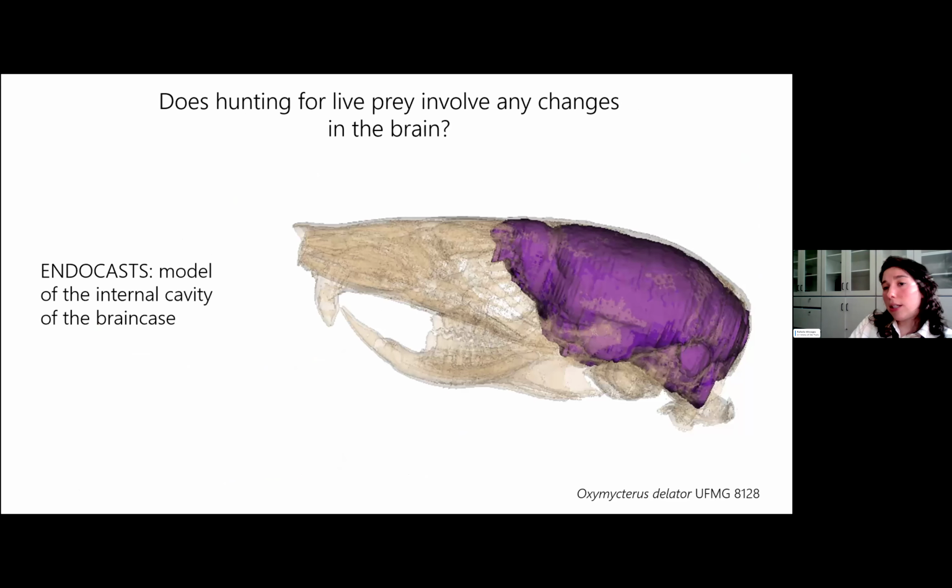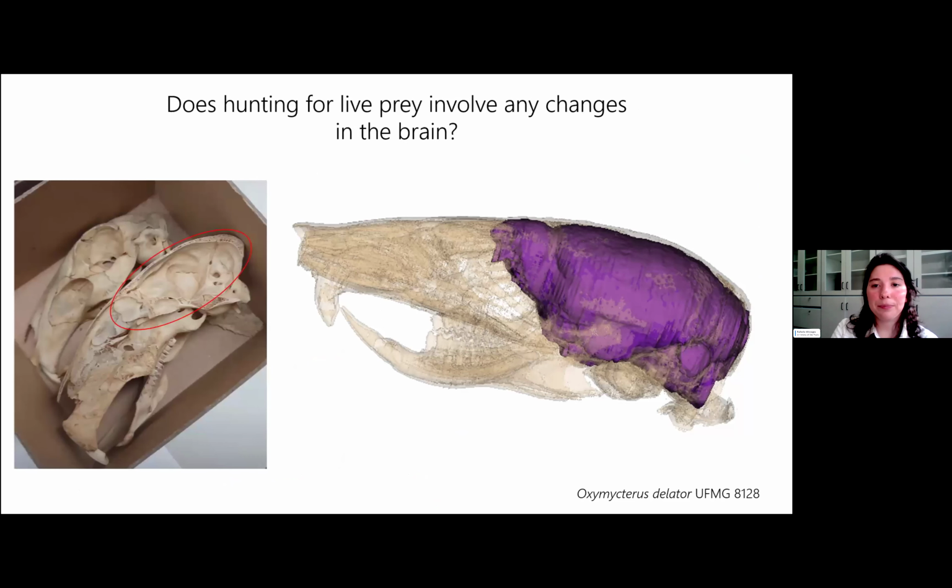And besides the masticatory complex, predatory species have to be able to find their prey, which may involve some sensory adaptations. So we started investigating the brain of predatory species through their endocasts. The endocast is what we see here in purple on the right, and it is a model made from the internal cavity of the braincase, which we can also see in the picture on the left that shows a skull cut in half.